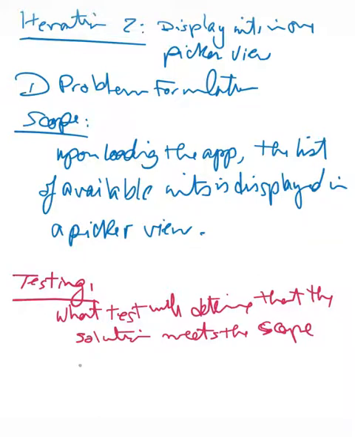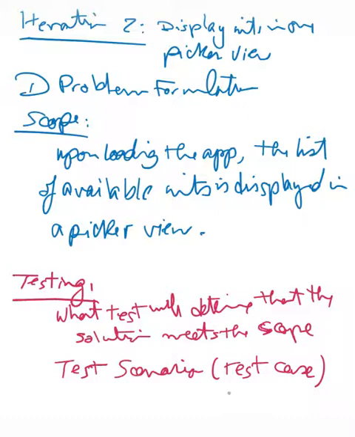We call each one of those a test case or test scenario. I like scenario more, but there's also test case. Every test case tests one aspect of the scope. In our scope here, we have only one part, which is you load the app and it will display the list of units. So we have only one test scenario.